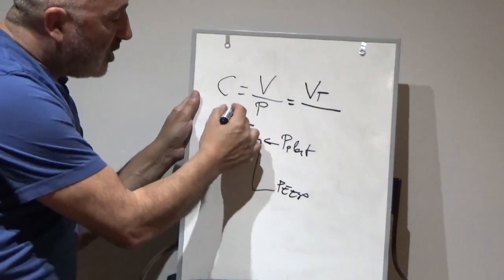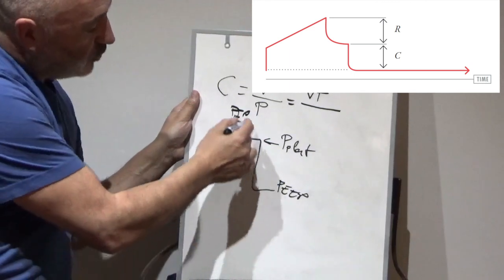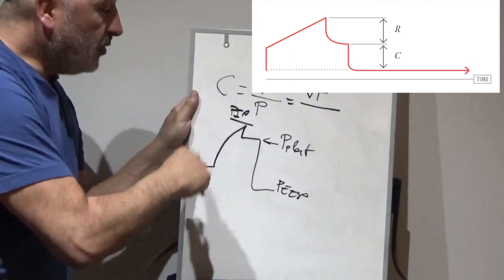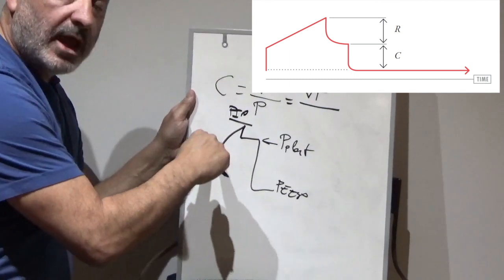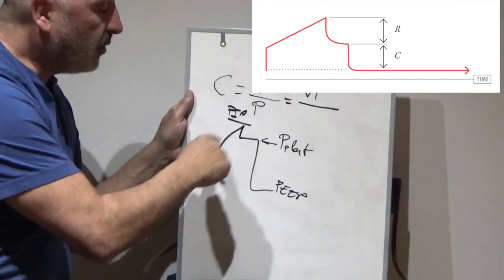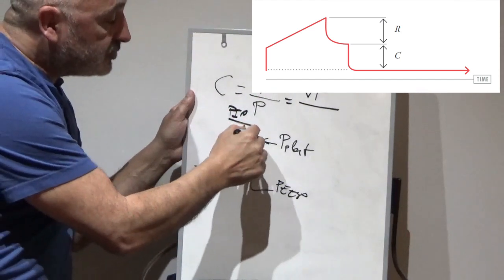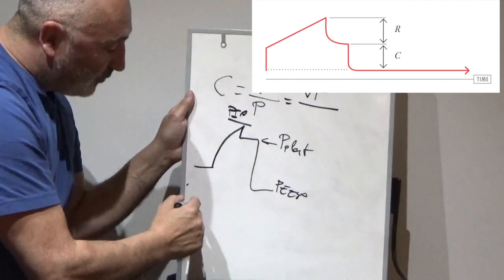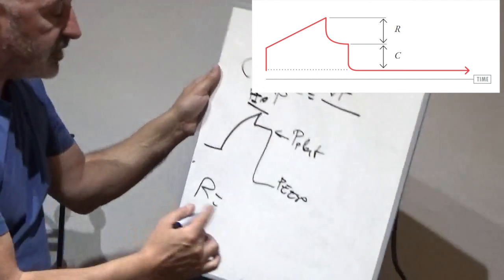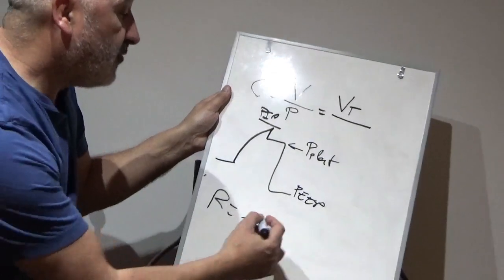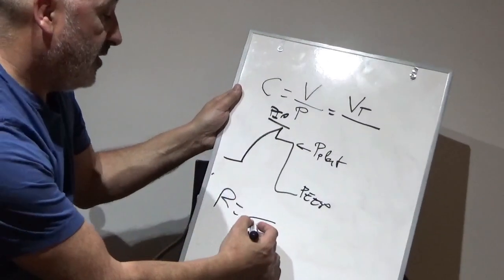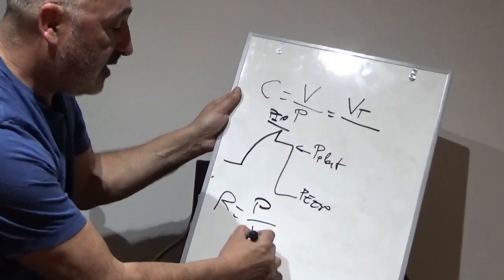This is another pressure which we can review in the pressure time curve in the volume control. And the difference between the peak pressure and the plateau pressure reflects the resistance, which is the relationship between the pressure and the flow.